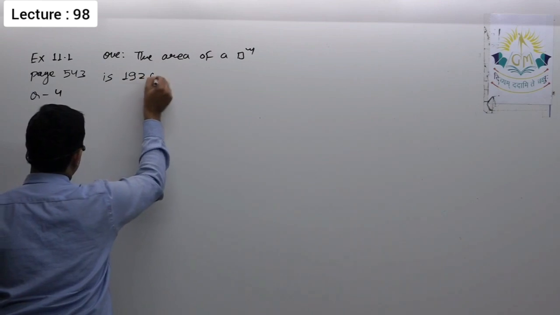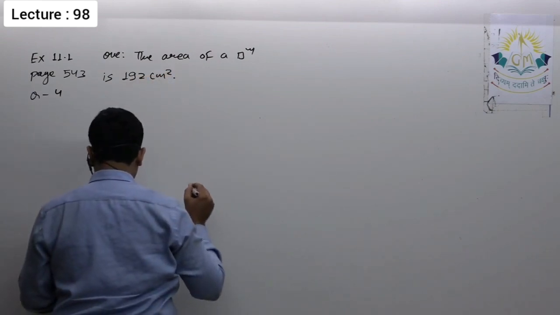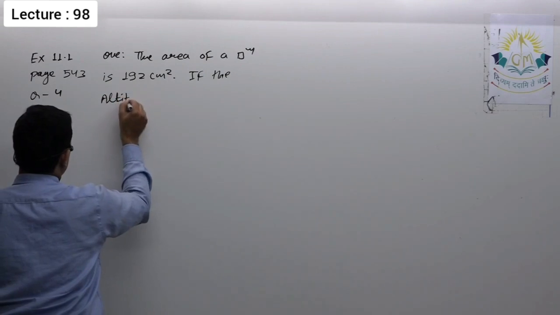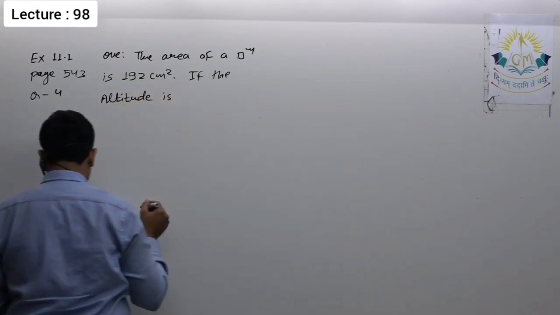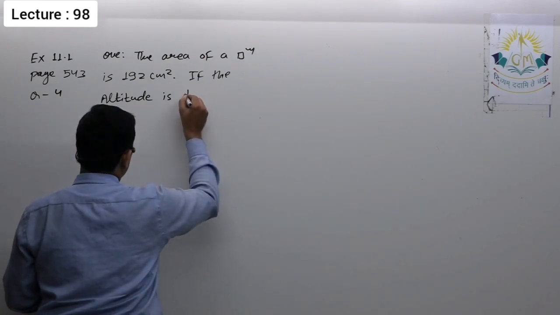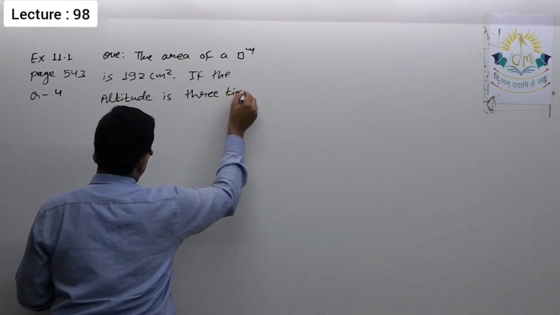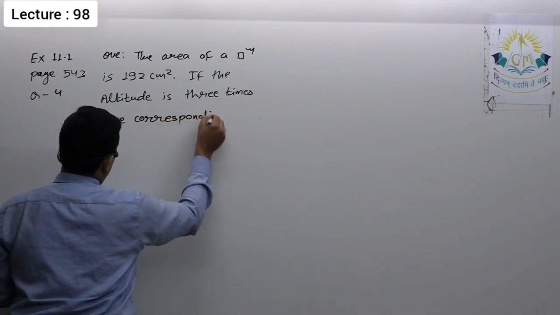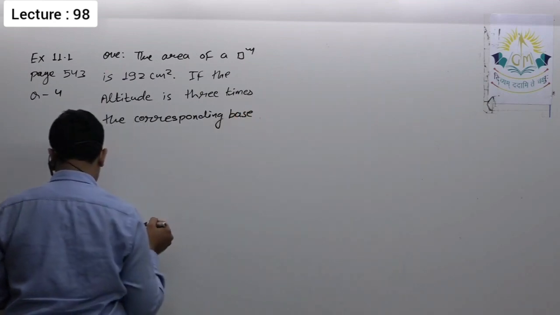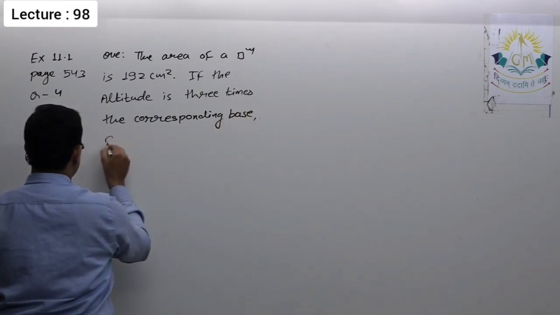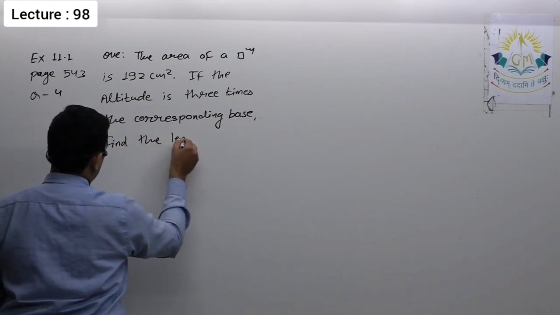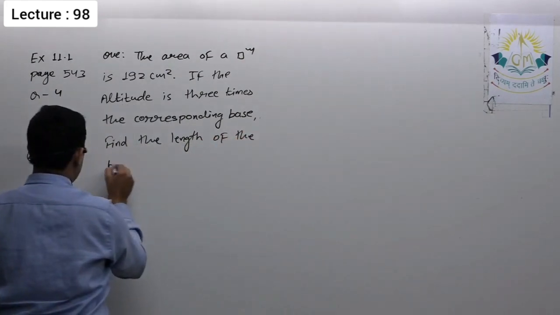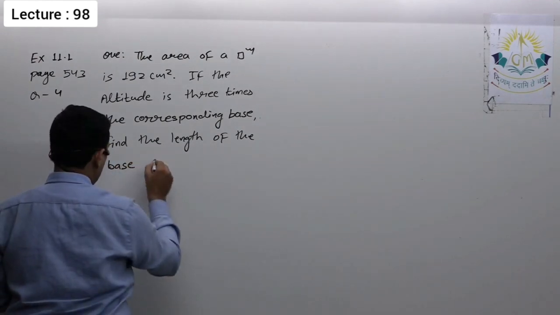If the altitude is 3 times the corresponding base, find the length of the base and the altitude.